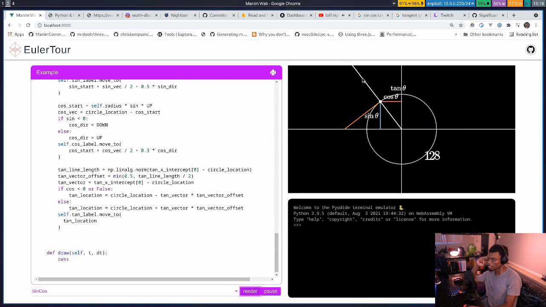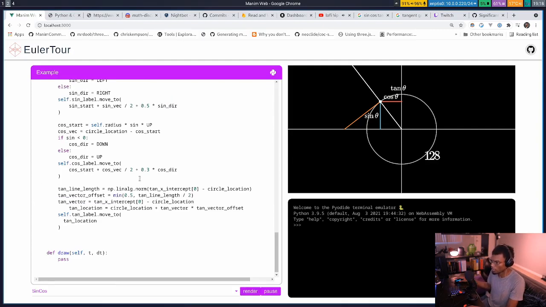The tangent vector is going from the circle location to the x-intercept. So why is adding the tangent vector moving it the other direction? I feel like I'm gonna expose myself for not knowing math.